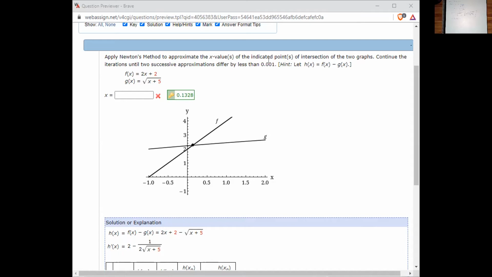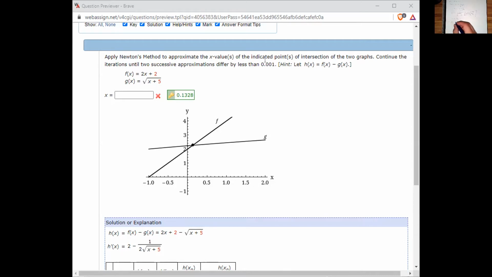Okay. I need to make sure I didn't make any mistakes, otherwise this will be frustrating. Yeah, looks like we're good. Okay. So do it again.